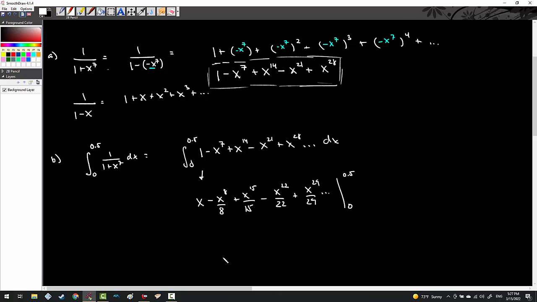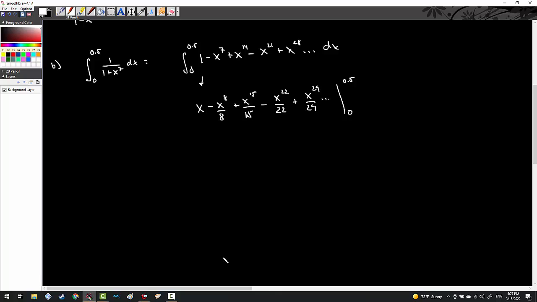So what I'm going to do now is evaluate this integral, at least a few terms of it. Hopefully it makes sense that anytime I plug a 0 into this whole polynomial, it's going to go to 0. And so that allows me to just plug in 0.5. I'm going to convert 0.5 into 1/2.